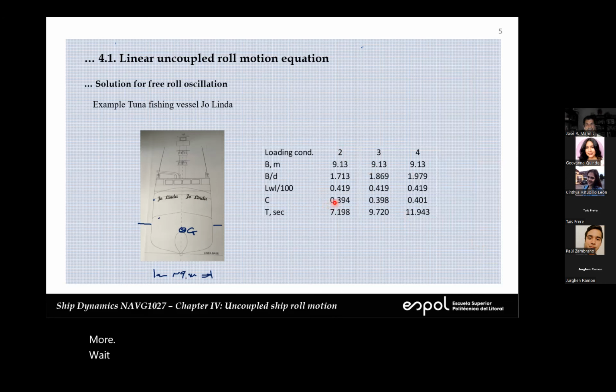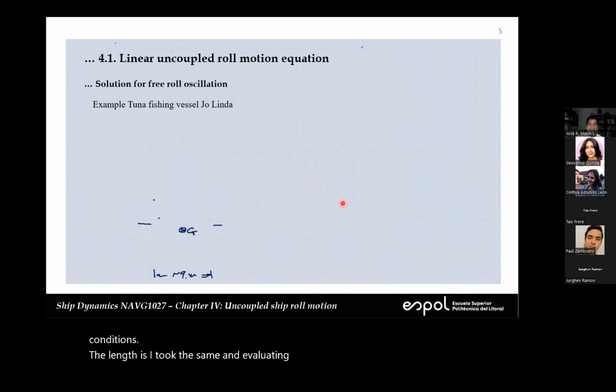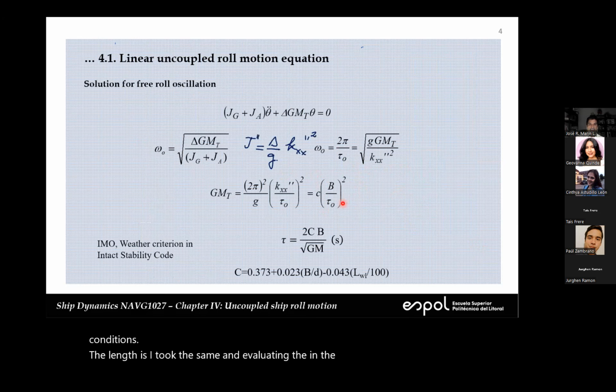This is the beam. I took it constant. The draft changes for each one of the conditions. The length I took the same. And evaluating in the previous slide, this constant.